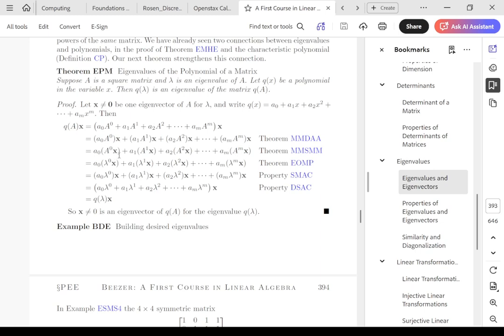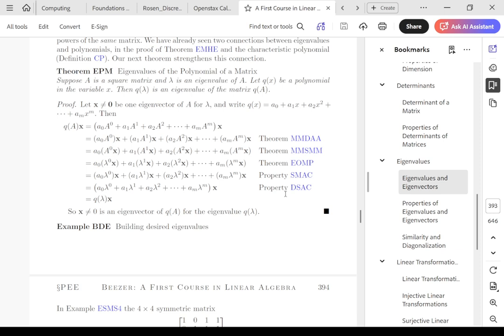And from there, just simplifying, associating it in a different manner here, and then applying what we know about A having eigenvalue lambda, we can plug that in. And now we can again factor out an x, and we get a0 lambda^0 plus a1 lambda^1, etc. So now we get a polynomial in lambda, Q of lambda.